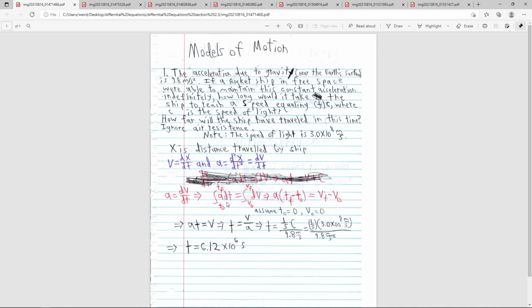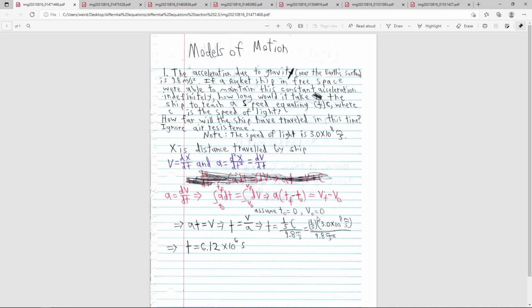So the integral of a dt, it's a definite one, so no constant. We have a times tf minus t0 equals vf minus v0. And you can just say t minus t0 and v minus v0, but we assume that the initial time is 0, like almost always, because when you start something, you're doing it from the frame of reference that time is 0, and the time you finish at is your time, or tf.